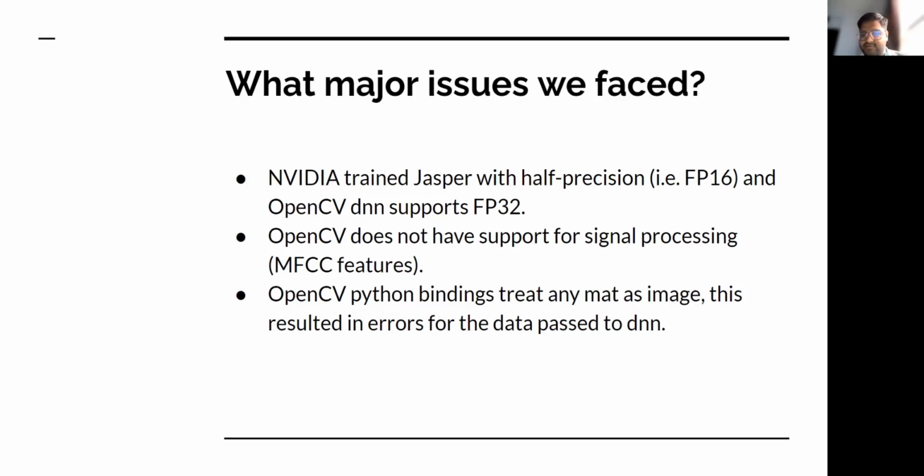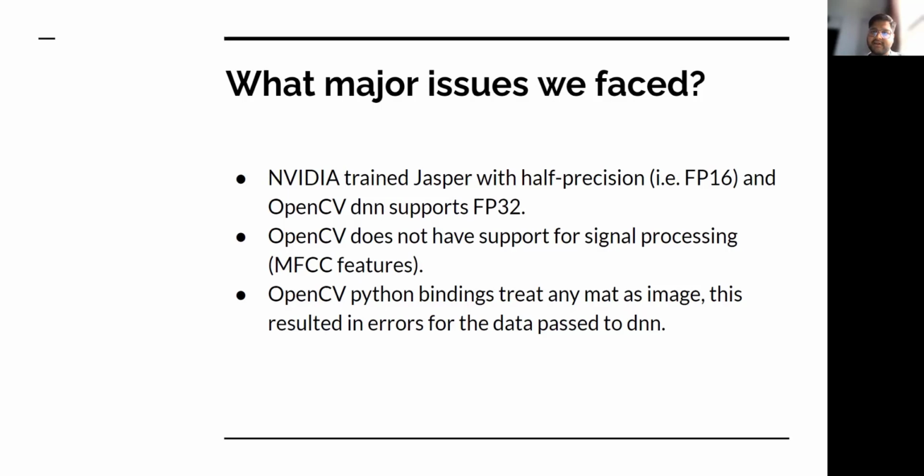This was actually fixed after we reported this issue, and I also suggested a fix, but later on another fix was implemented. For that we also had to fix something in our model, which was that we had to apply a reshape node in our model's graph.